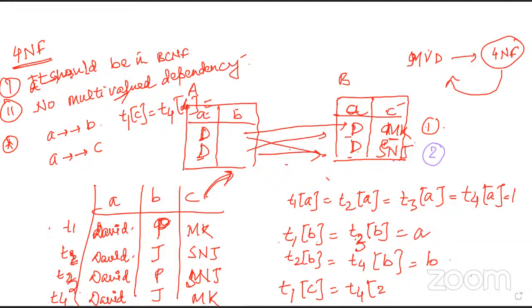So that's it. Oh yeah, so I think I made a mistake. If you perform the cross product, not natural join, then you get the original table. That's why I'm making a mistake.